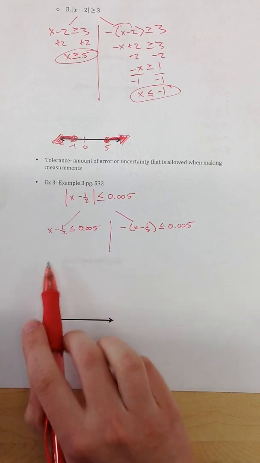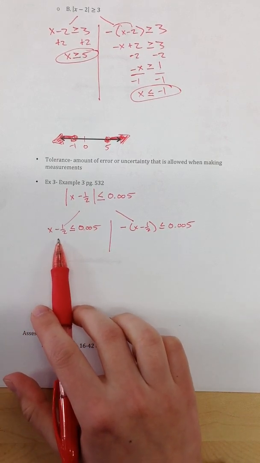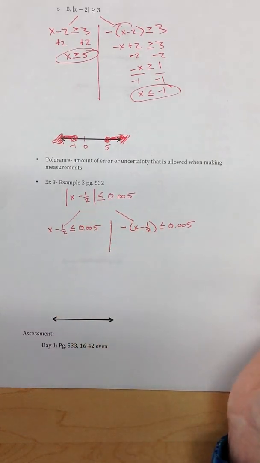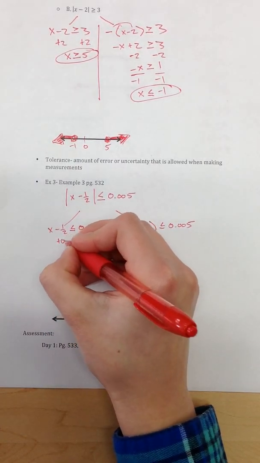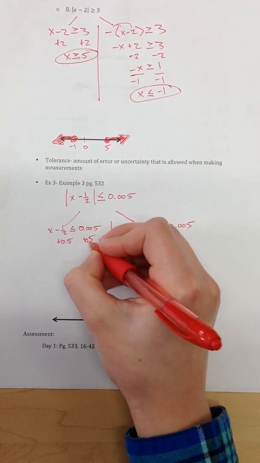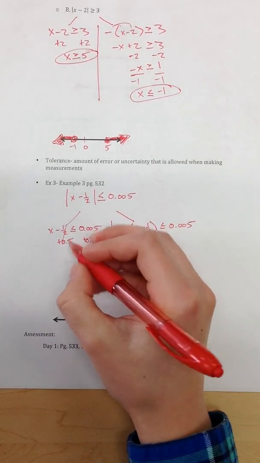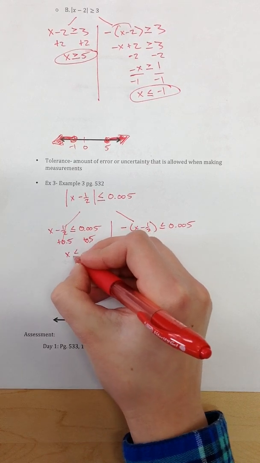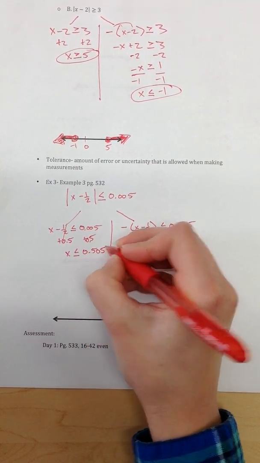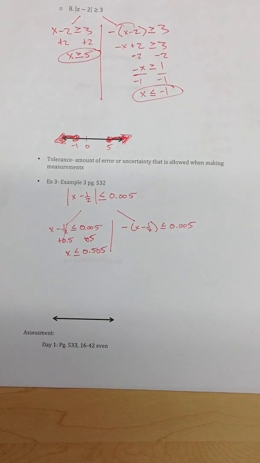I'm going to change the half to a decimal, 0.5. To get rid of subtracting a half, I'm going to add 0.5 to each side. Then that goes away, and I would have x is less than or equal to 0.505 for that side.